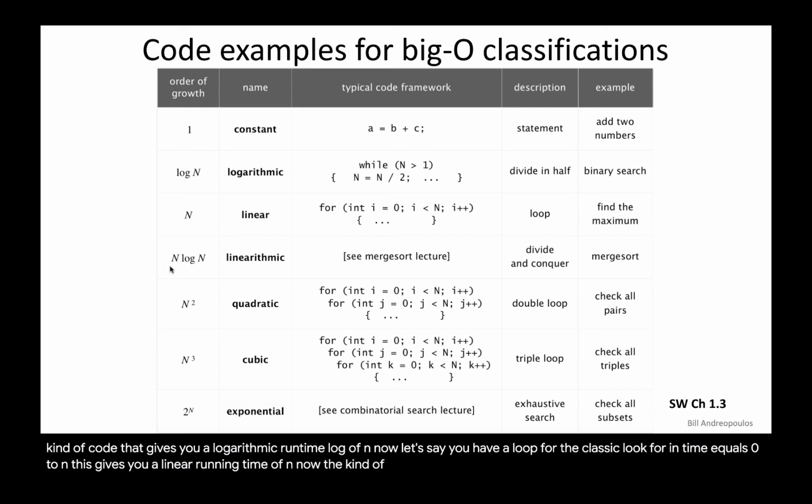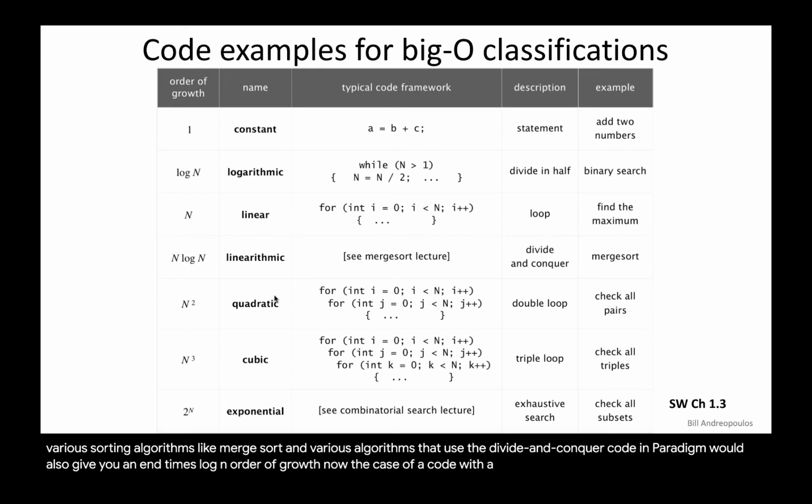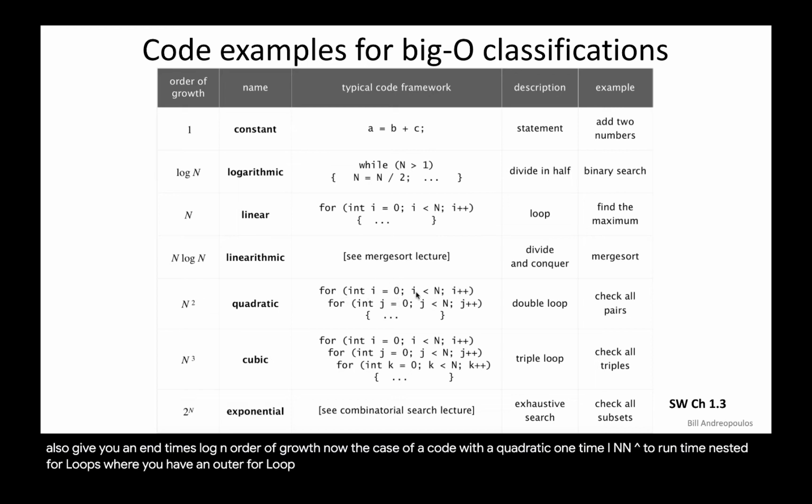Now, the kind of algorithm that would give you an n times log n runtime is various sorting algorithms like merge sort, and various algorithms that use the divide and conquer coding paradigm would also give you an n times log n order of growth. Code with a quadratic runtime, i.e. an n to the power of 2 runtime, are nested for loops where you have an outer for loop for i equals 0 to n with an inner for loop for j equals 0 to n.